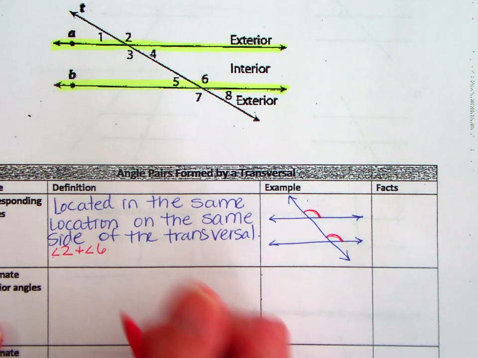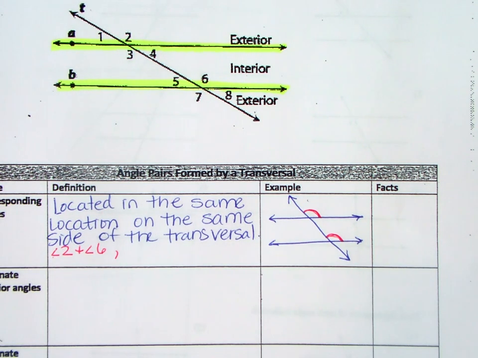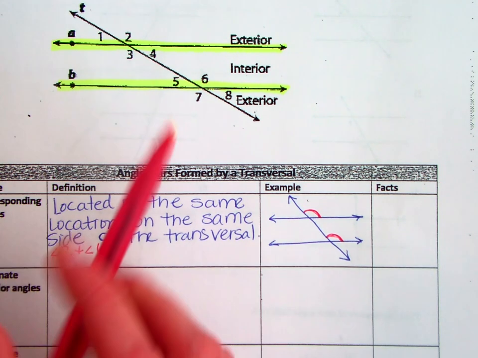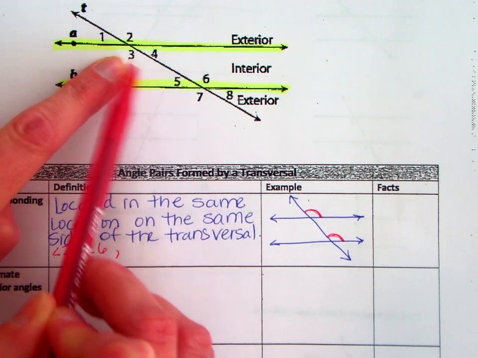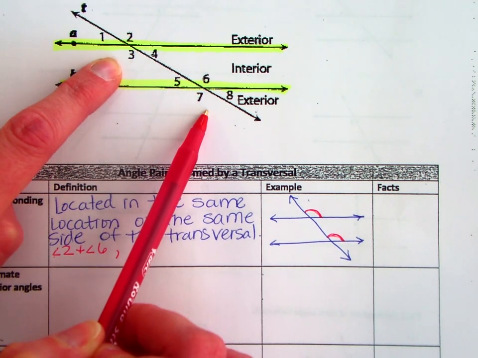Does anyone else see a pair that would be corresponding? So they're in the same location. If we slide the two parallel lines together, they are going to match up. Lillian? 3 and 7. Good. 3 and 7. These two down here. They're in the same location. They would match up.